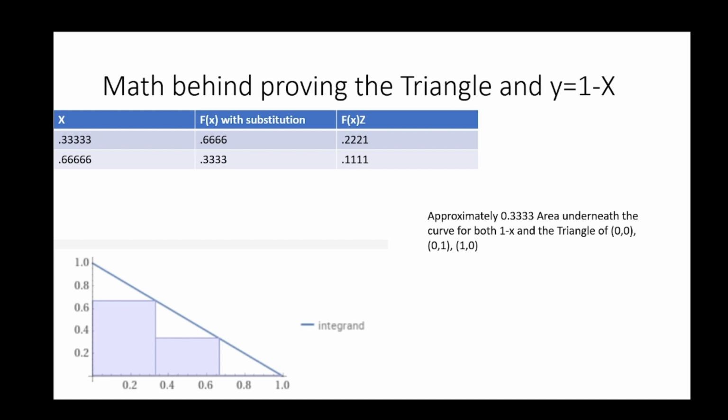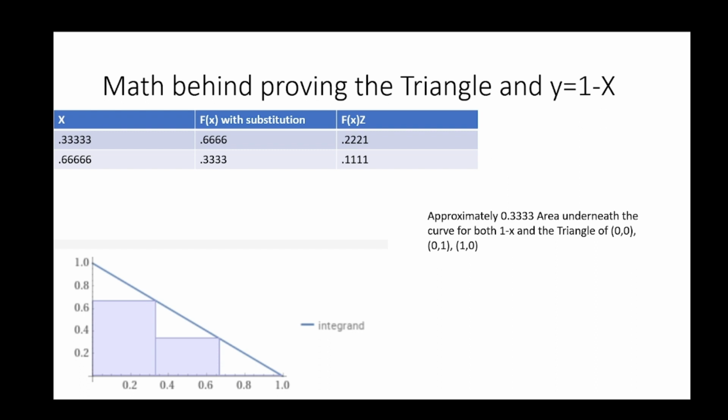We have f(x) here as 0.666 and 0.333, and Δx is 1 over 3, as we have three rectangles. So 0.666 times 1 over 3 gives 0.222, and 0.333 times 1 over 3 gives 0.111. In total, the area is going to be 0.3333.